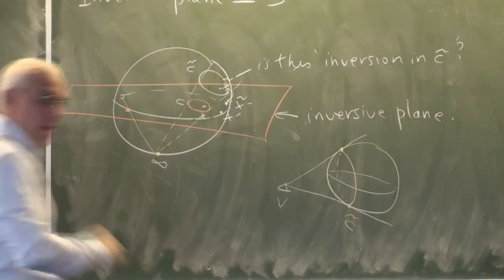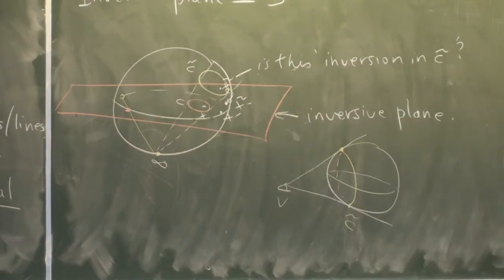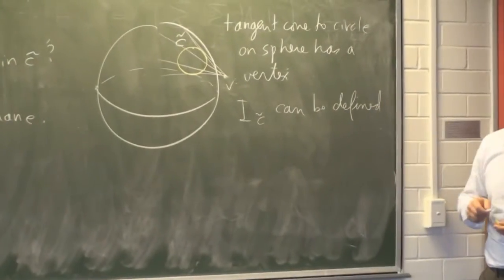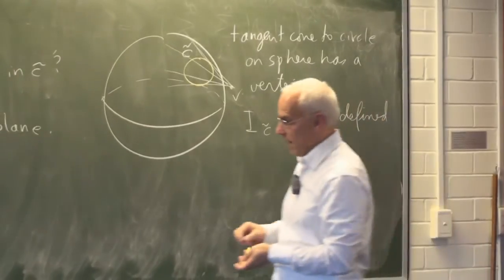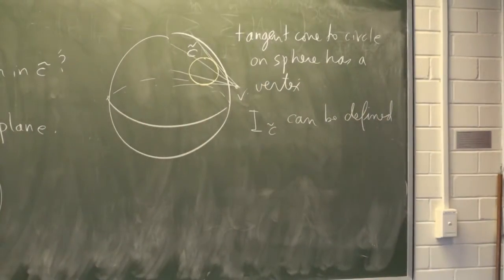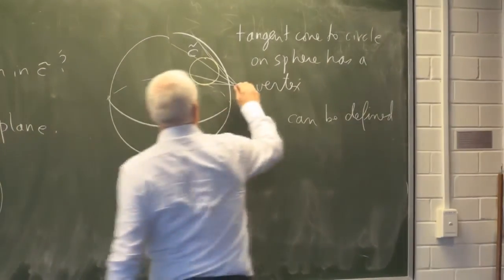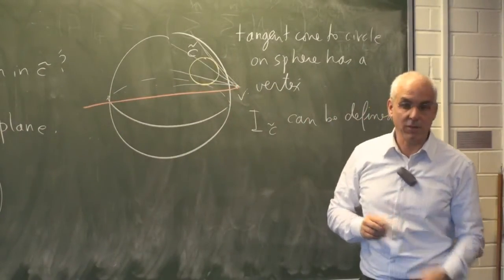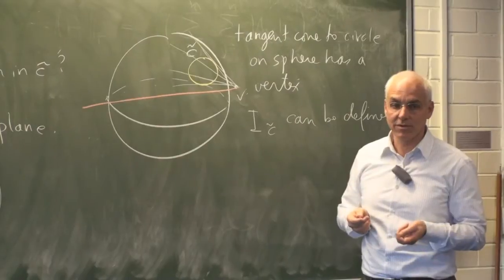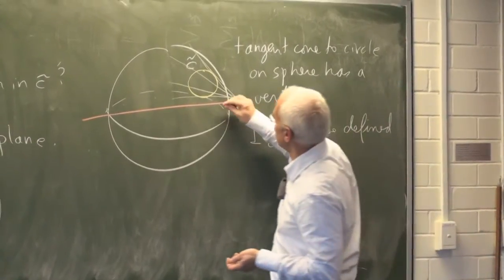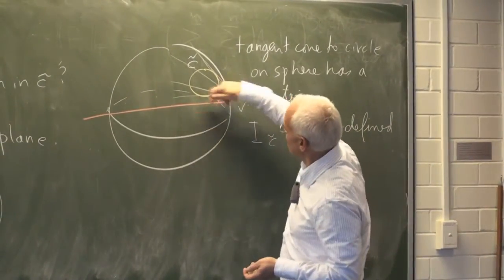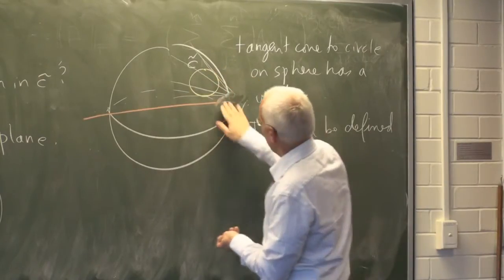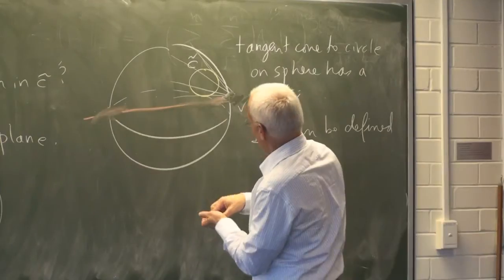All right, so what we can do now, once we've got this vertex outside, determined by a circle, is use it to match up points on the sphere. Namely, we can draw any line through this vertex that intersects the sphere in 2 points. Okay, well, actually this is not such a good picture. This should be bigger. So let me draw it a little bit better.